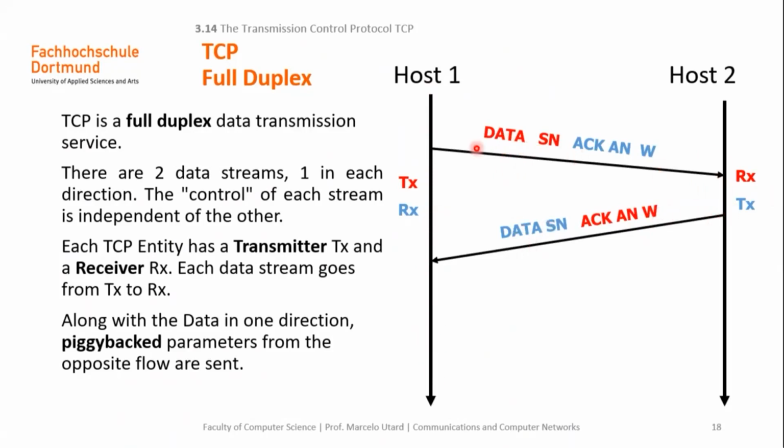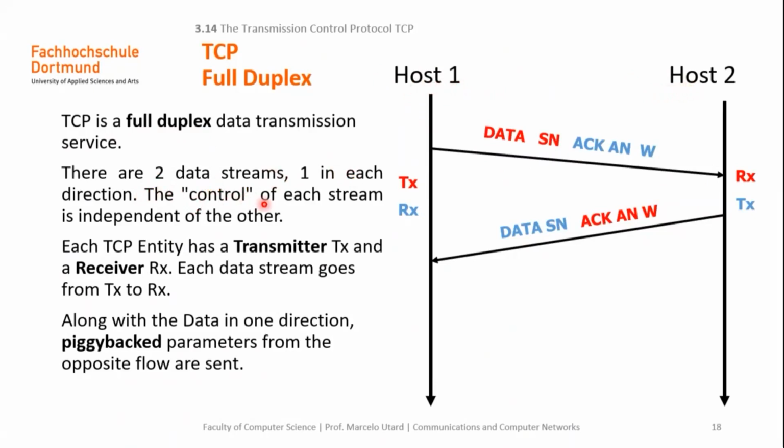In that way, we exchange data between the end systems. But remember, TCP is a full duplex data transmission service. That is, there are two data streams, one from host 1 to host 2, and the other from host 2 to host 1.